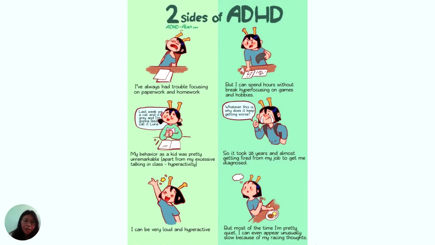Another is, "I can be loud and hyperactive, but most of the time I'm pretty quiet. I can appear unusually slow because of my racing thoughts." Kasi nga, kagaya nung sabi niya, nung hindi pa siya nadadiagnose ng ADHD, akala niya normal lang sa isang tao yung maraming iniisip at the same time.